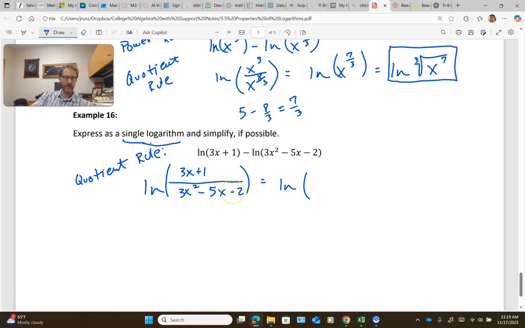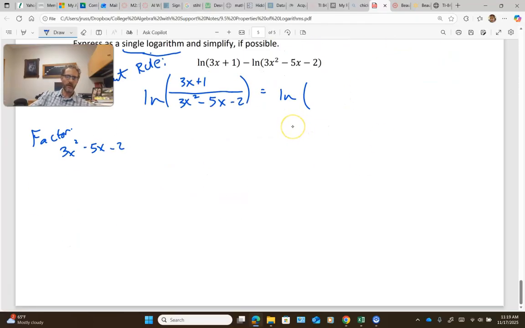Okay, so I'm going to come over here to the side. 3x squared minus 5x minus 2. And you have to remember, the AC method means we multiply a times c. That's negative 6. Factors of negative 6 that add up to negative 5 are negative 6 and 1.